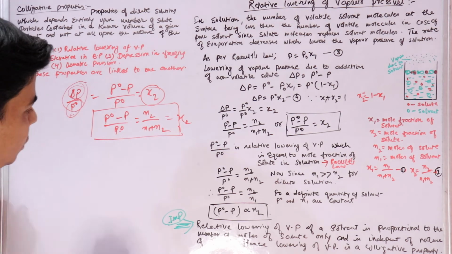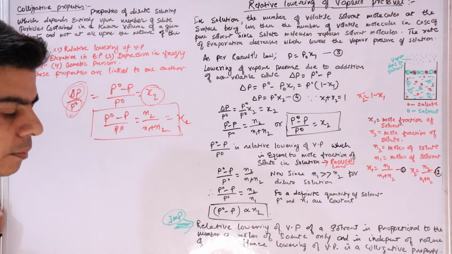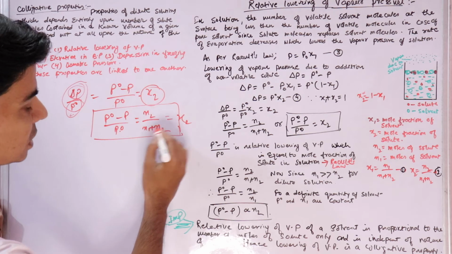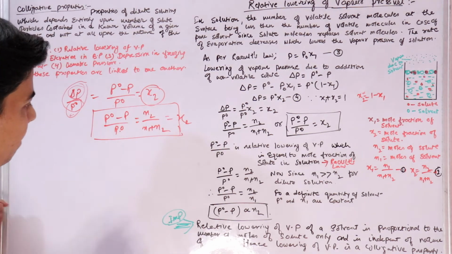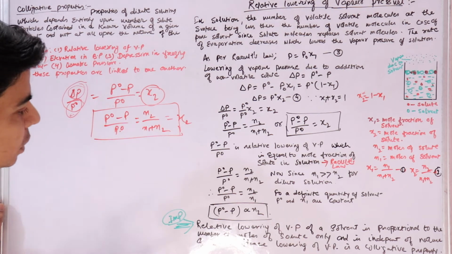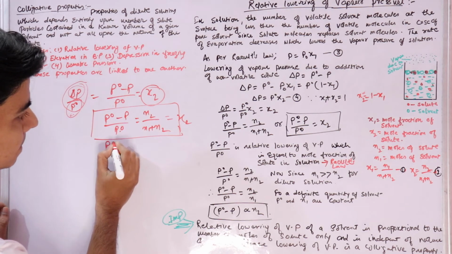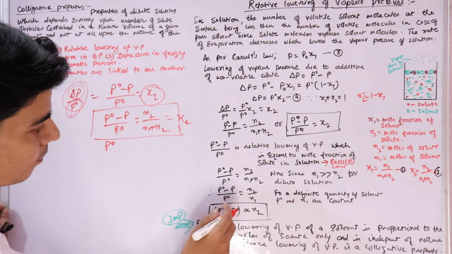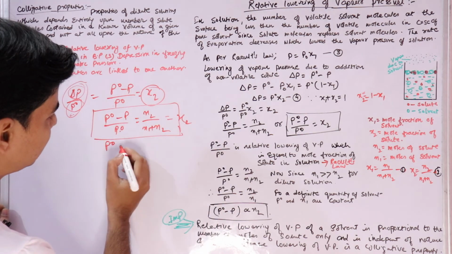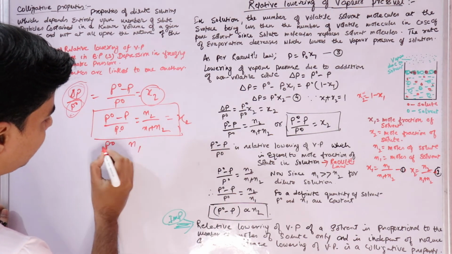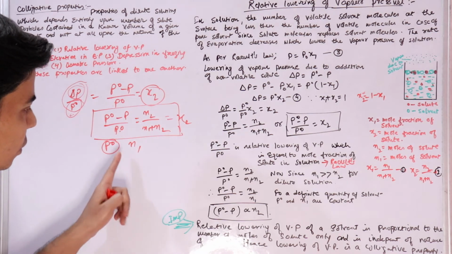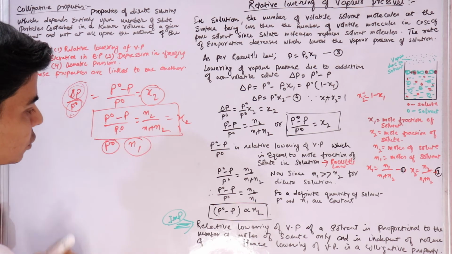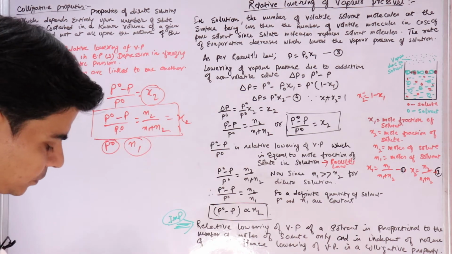Now this is equal to x2, which is the mole fraction of solute. In a dilute solution, we know that N1 is the number of moles of solvent and N2 is the number of moles of solute, right? In a dilute solution, this P0 represents the vapor pressure of pure solvent, and N1 is the moles of the solvent.